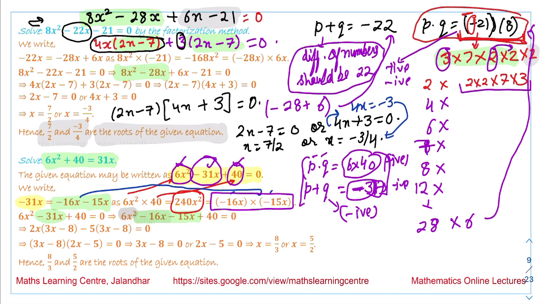Now from the first two terms, 6x square minus 16x, we have taken 2x common, and from these two terms we have taken 5 common.